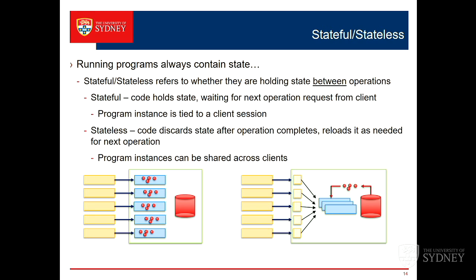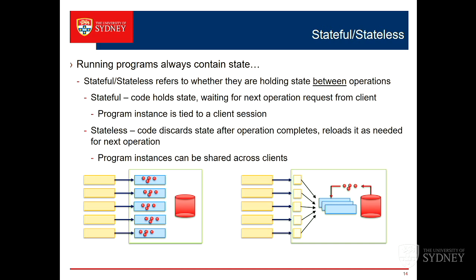Here we see a little pool: we've got 5 clients, 3 of these application instances, and the state goes backwards and forwards to some type of state store between operations. What we probably have is some type of magic key coming from the client, and the key gets picked up by the application.